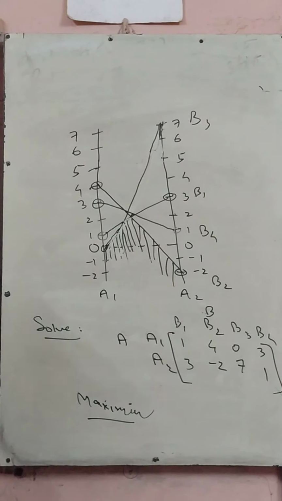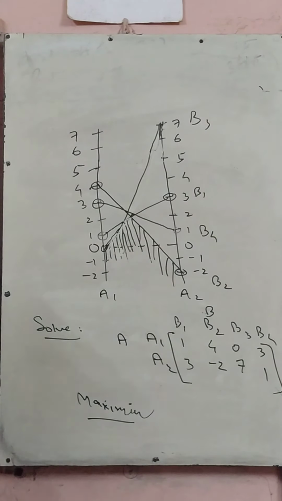B's probability, we have 3 by 4, then 1 by 4, because 1 by 4 is the complement of 3 by 4, and the other 2 are 0. So your answer is: the optimum value is 7 by 4, corresponding to A strategies 5 by 8 and 3 by 8, and B strategy will be 3 by 4, 1 by 4, and 0, 0. This is all about 2 rows, 4 columns.